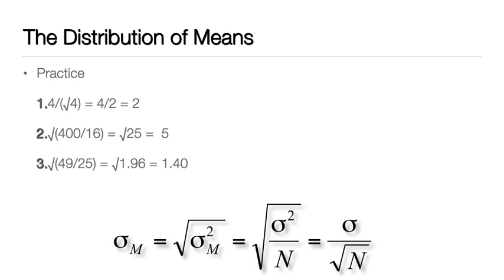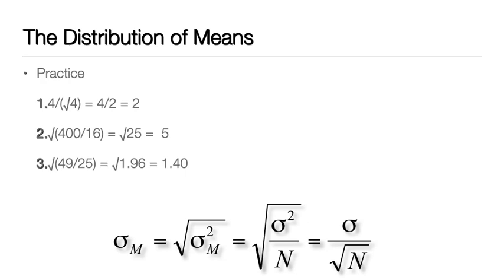If we're given the variance of 400 divided by that sample size of 16, that's 25. We'll take the square root of that, and we'll get an estimated standard error of 5. If we have a sample size of 25 and a variance of 49, 49 divided by 25 is 1.96.